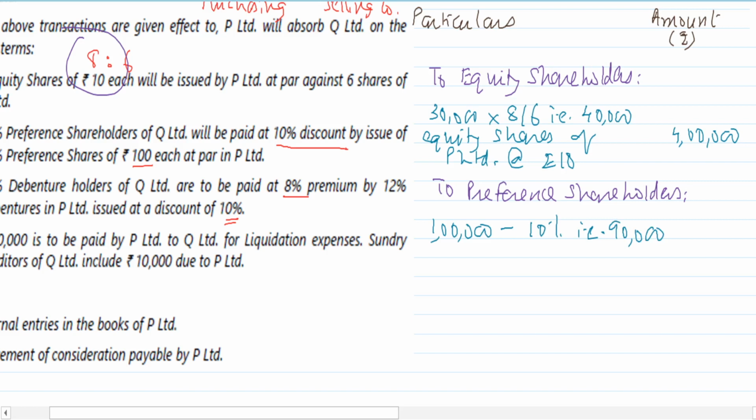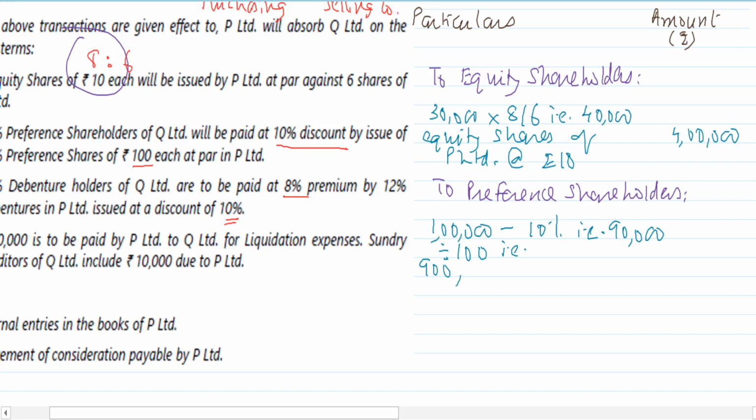And our preference shares are of rupees 100 each. So 90,000 I am dividing by 100. So 900 preference shares will be issued by us.